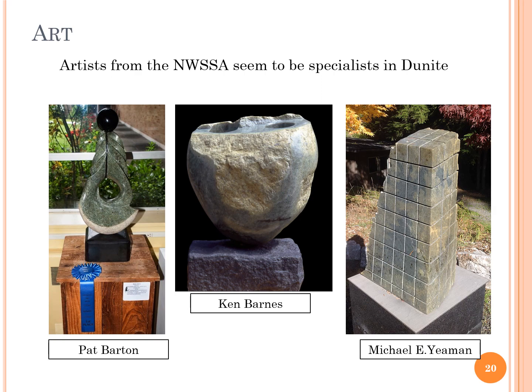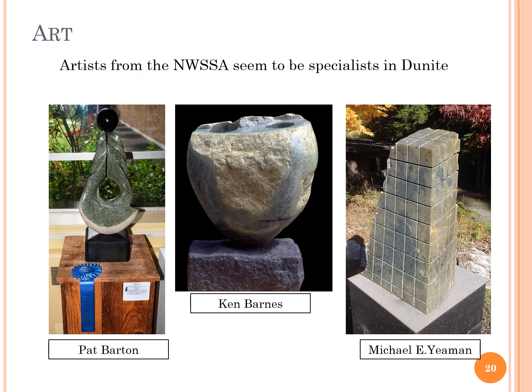Then a number of years ago, some of the more industrious members of our association got together with the owners of the Dunite quarry there on the side of Twin Sisters and convinced them to work with us as an association and have us access the quarry directly to take away some stone to be sculpted. And over the years, that relationship has grown to being quite special.